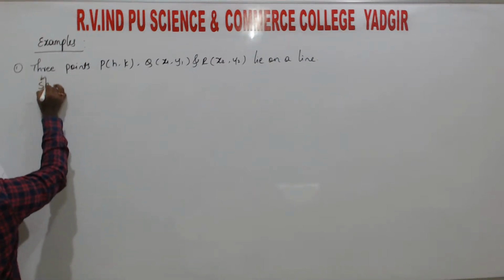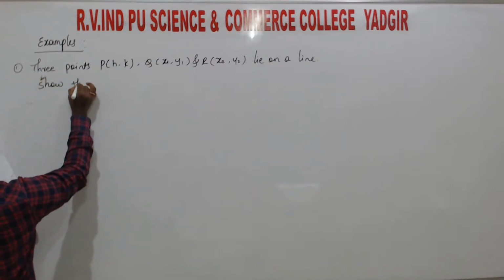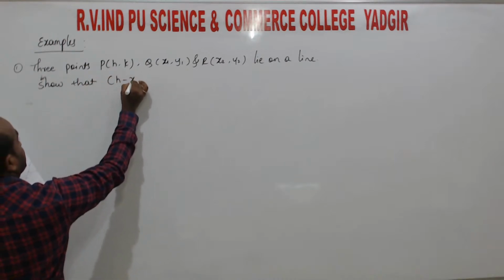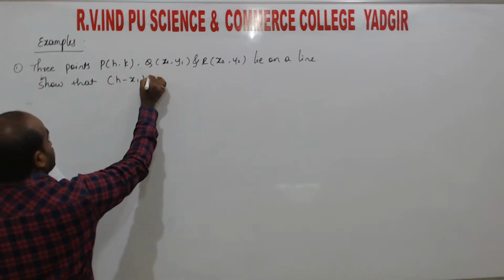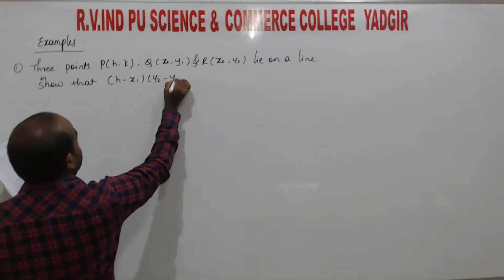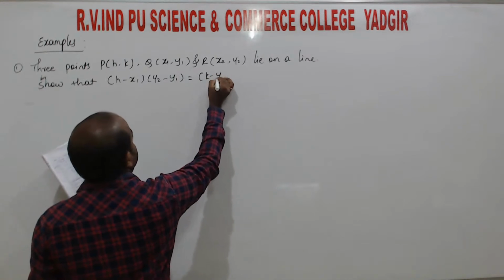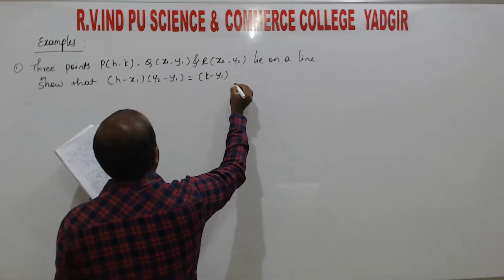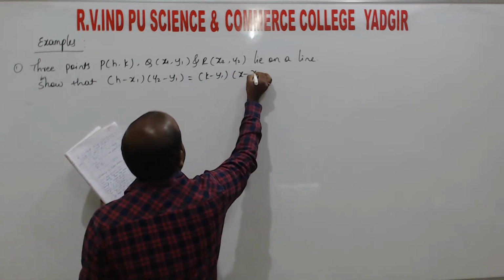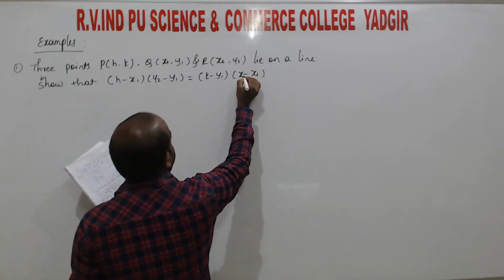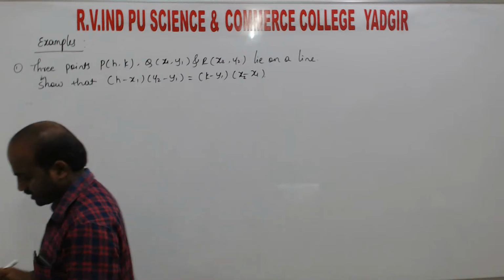Show that (h minus x1) into (y2 minus y1) equals (k minus y1) into (x2 minus x1).